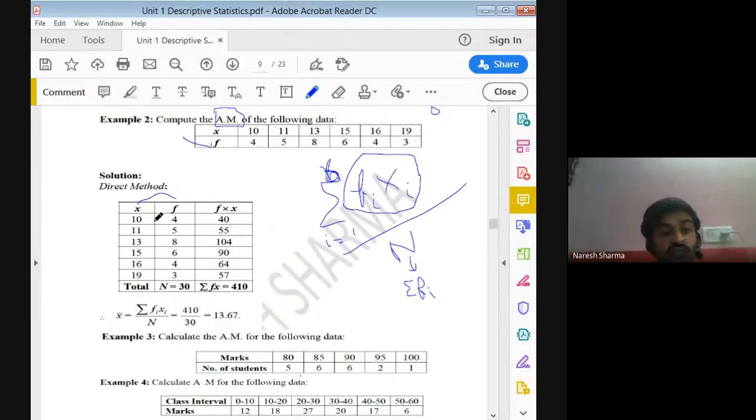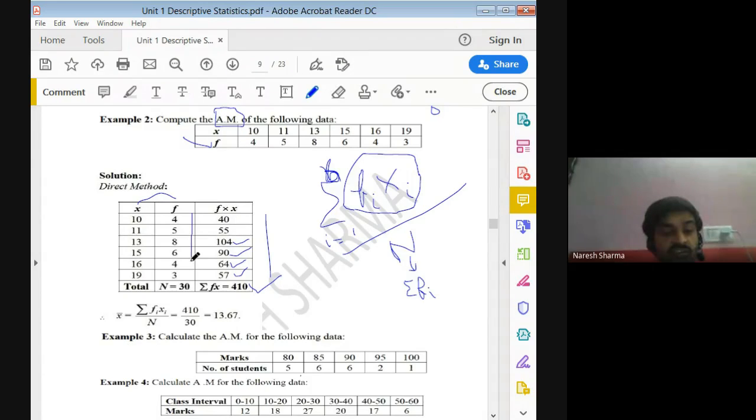you just multiply x into f. So 10 into 4 is 40, 11 into 5 is 55, 13 into 8 is 104, 15 into 6 is 90, 16 into 4 is 64, similarly 19 into 3 is 57. Just add these, that gives you the summation fixi, which is 410.